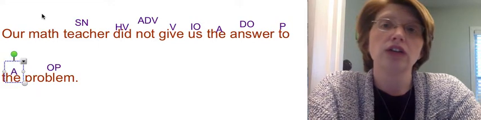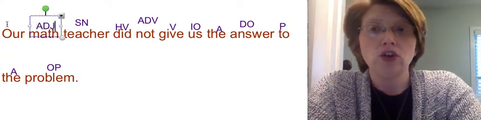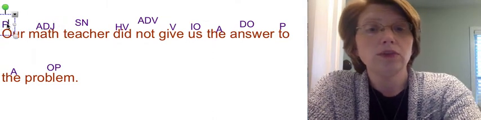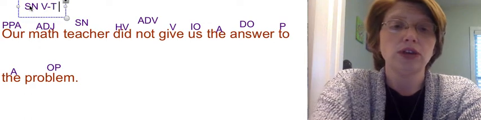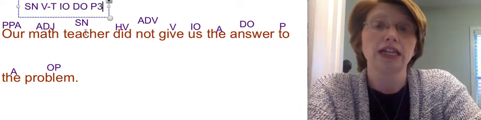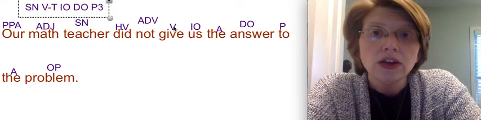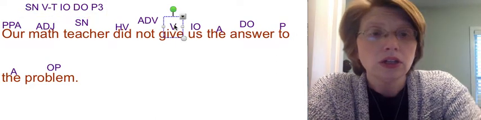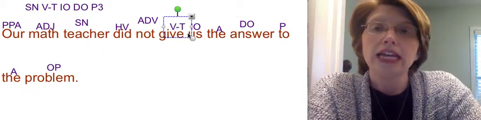The, article, adjective. What kind of teacher? Math, adjective. Whose teacher? Our, possessive pronoun, adjective. Subject, noun, verb, transitive, indirect object, direct object, pattern 3, check. Whoops, what did I do? Verb, transitive, check again.